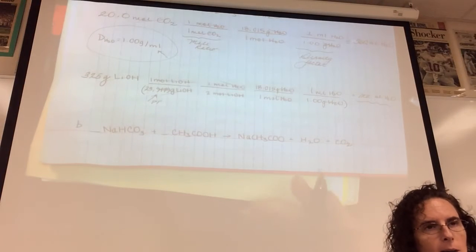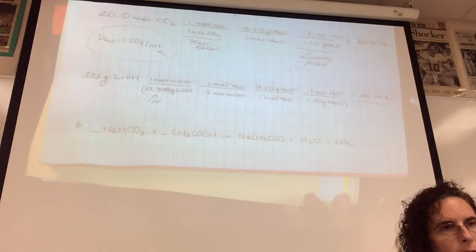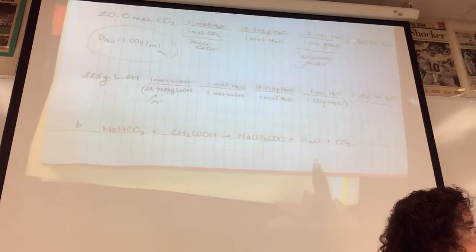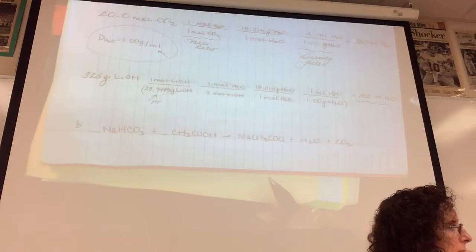And the air pockets you see in bread, cupcakes, cookies, etc. is due to the CO2 being released. Is that balanced? Yeah, it looks balanced. All right, well that makes life easy.